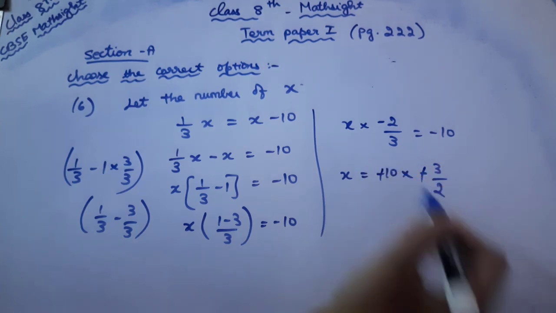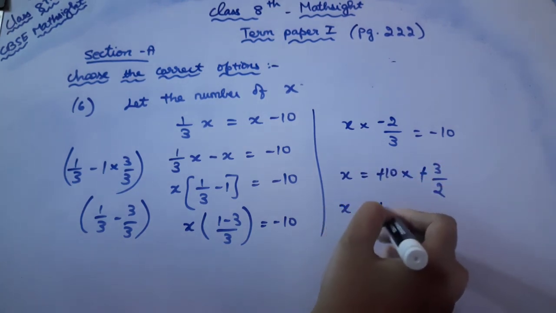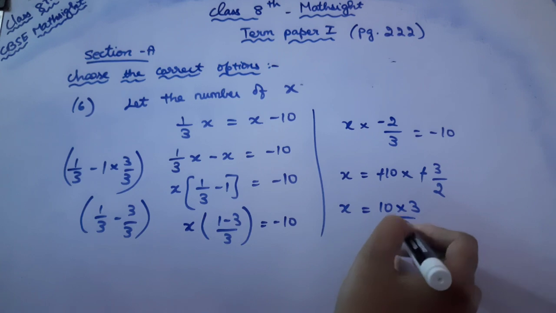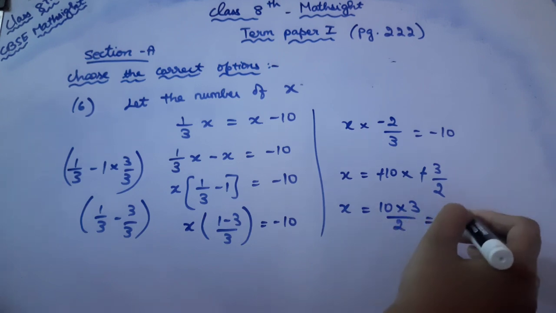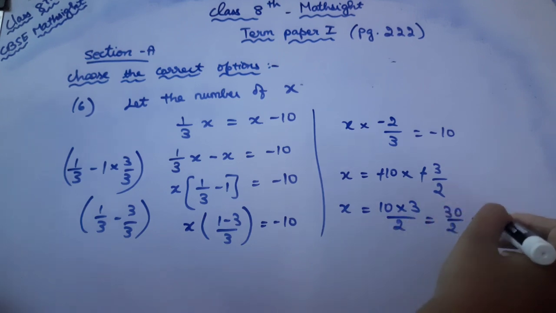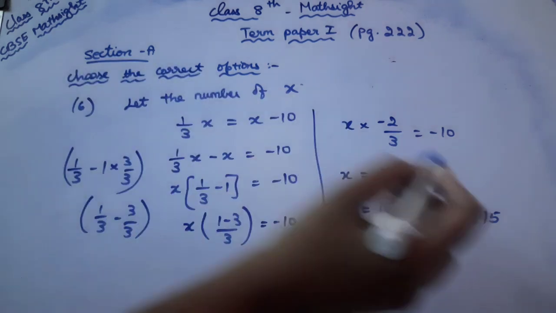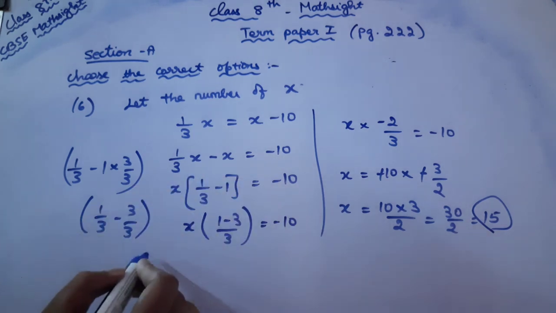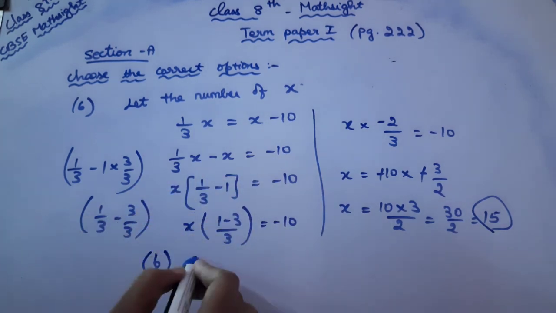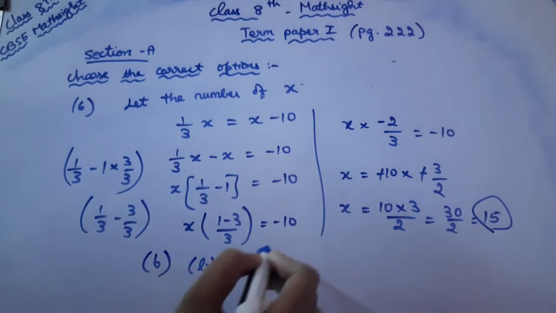We can cancel the negative sign. The remaining is 10 into 3 by 2, which is 30 by 2, which is equal to 15. Therefore, for the sixth one, option B, 15, is the correct answer.